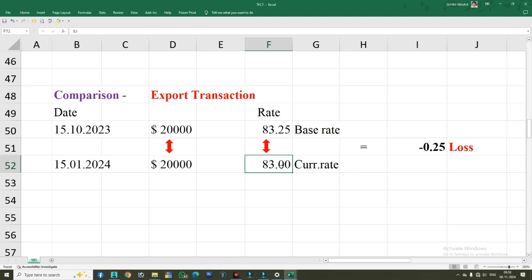This is an export transaction, so current rate minus base rate, answer is minus 0.25. It means this is a loss, received 83 rupees per dollar when the export rate was 83.25, so 0.25 paisa per dollar loss to the Sunflower Limited.